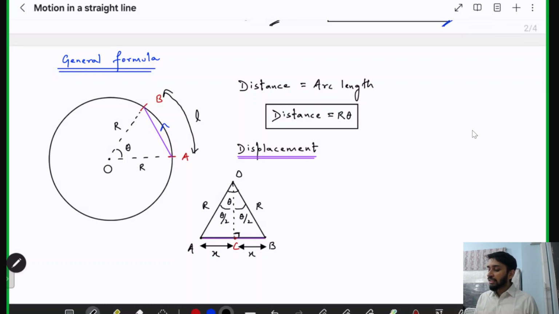Now if I see the triangle OCB, it is a right angle triangle, something like this. This is O, this is C, and this is B. This angle is theta by 2.